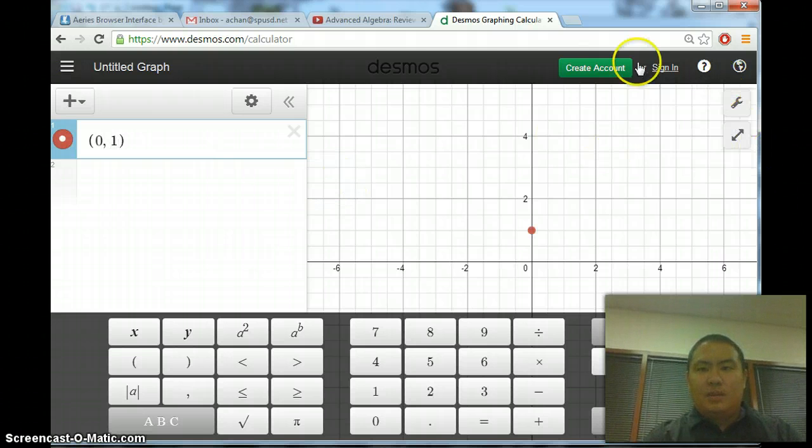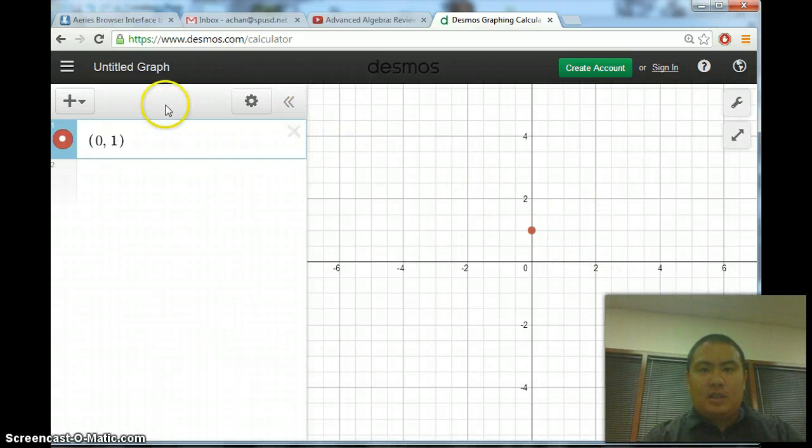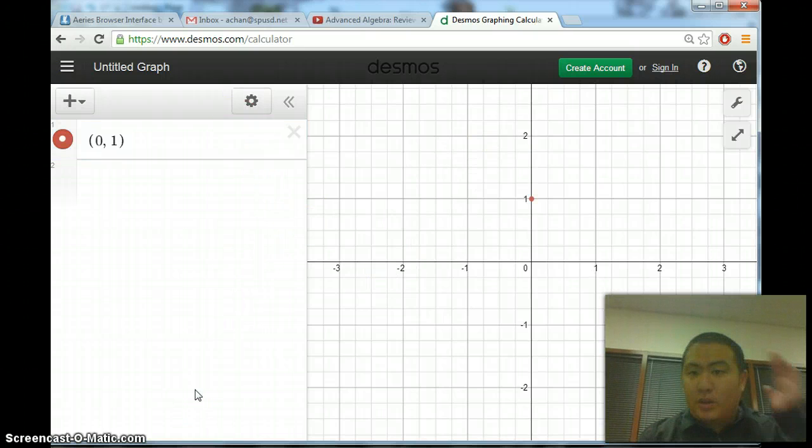Let me zoom in here so it looks better. Alright, there we go. So here is our first point, and that's the y-intercept, right?